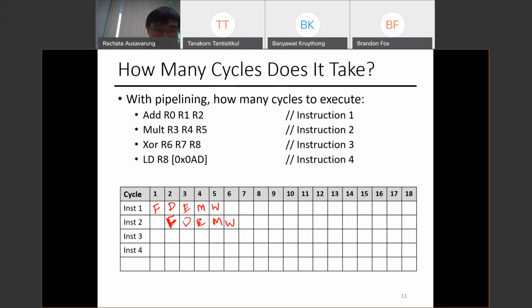Then this is fetch, decode, execute, memory, write back. Fetch, decode, execute, memory, and write back. So you're done here. Yay, right? You finish the code in 8 cycles. In a multi-cycle architecture, without pipelining, how long would this take?